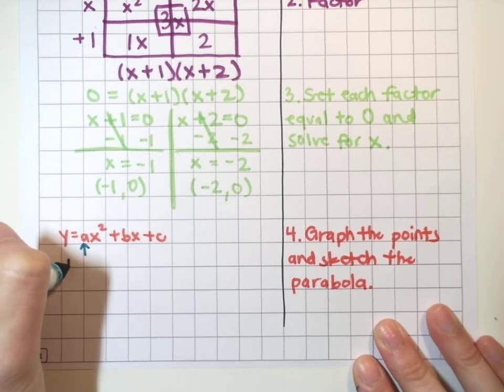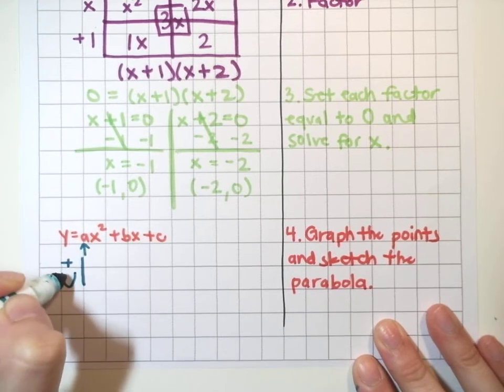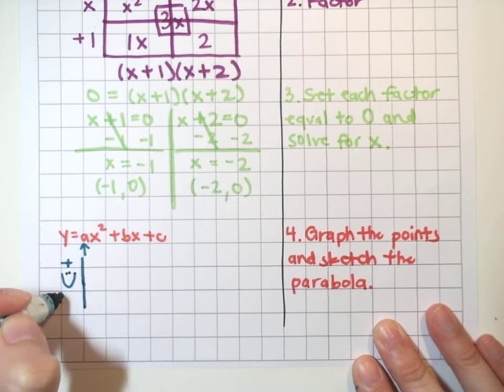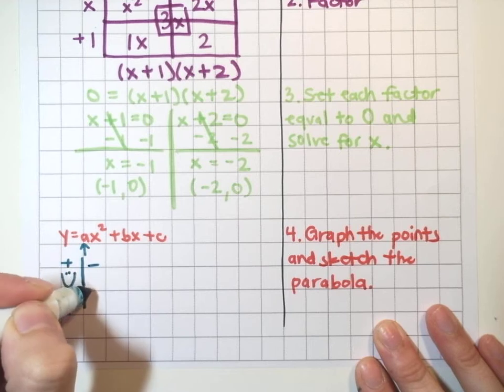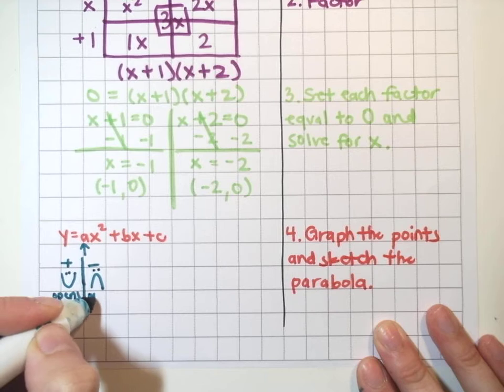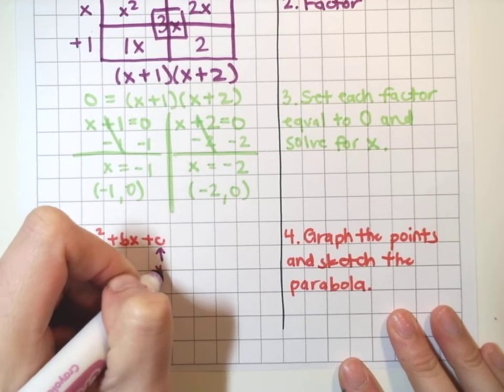So if it is positive, it opens up. It's a happy face. If a is negative, our parabola opens down, so it's a sad face. And then c tells us the y-intercept.